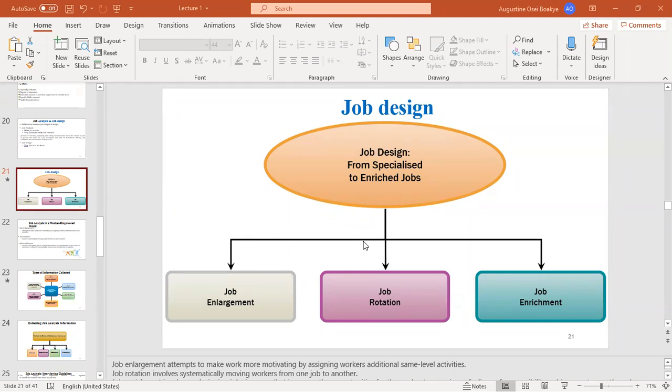Now, when we say these activities need to be coordinated to achieve a common objective, what are we trying to say? We are simply trying to communicate that the job designing process is a conscious effort which is calibrated to achieve a set objective. And what are some of these objectives? Ideally, jobs are expected to be designed to be intrinsically motivating to the performer.